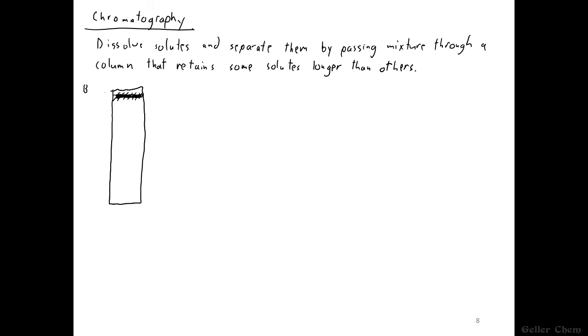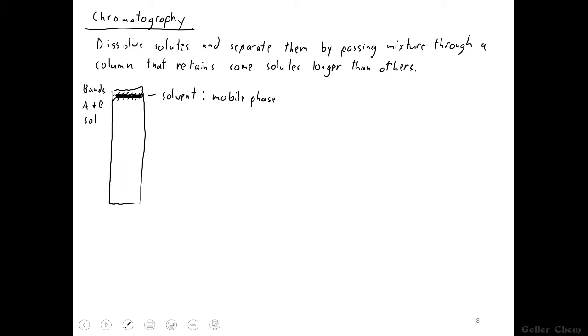So we have bands of A and B solutes. The solutes are contained in some solvent. And we call this solvent the mobile phase. Because beyond just containing those solutes, we're going to flow this solvent through the column, and it's going to pull these solutes with it.